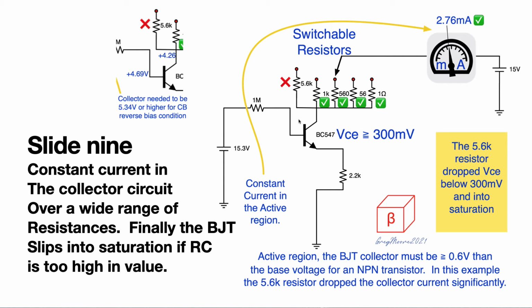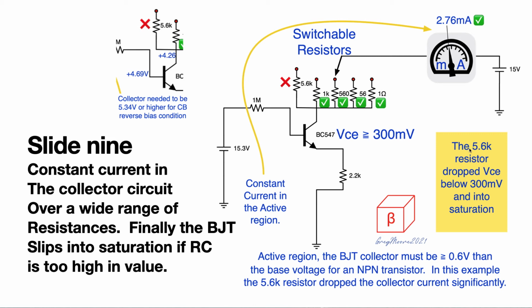It's running reverse bias across that junction. But if this collector voltage was to fall below the voltage on the base, it goes into forward bias across the base collector junction, and that is also an indicator for saturation. So saturation is a forward biased base collector, a collector emitter voltage which is less than 300 millivolts, and a situation where further increases in the base current no longer cause a change in the collector current.